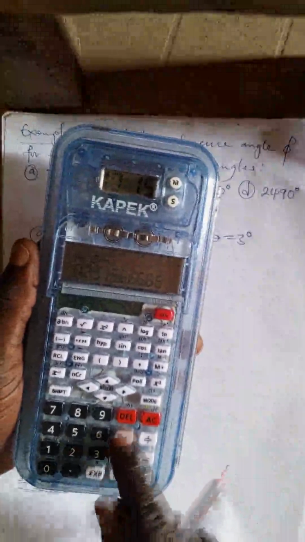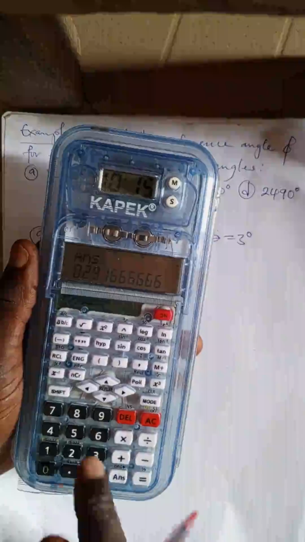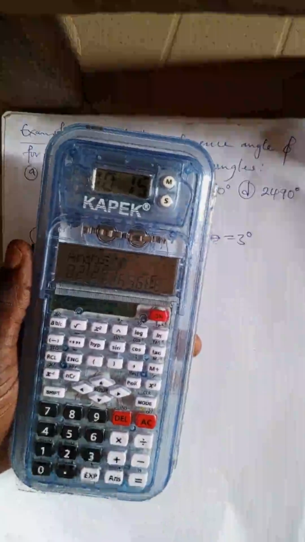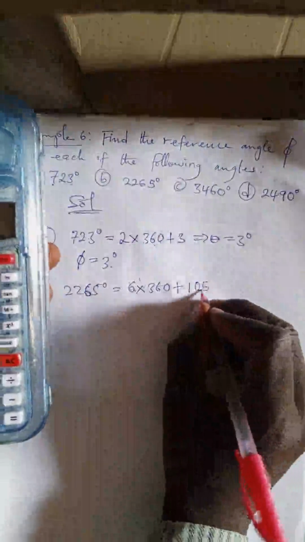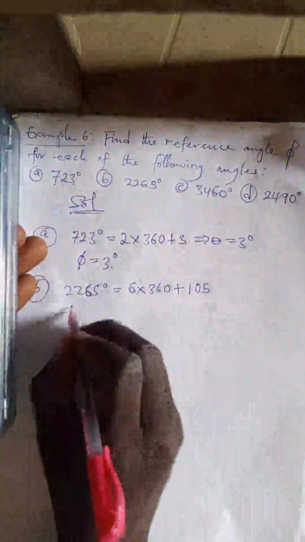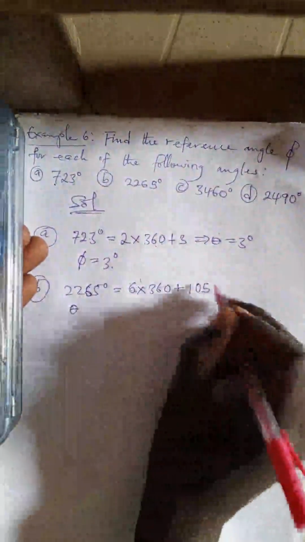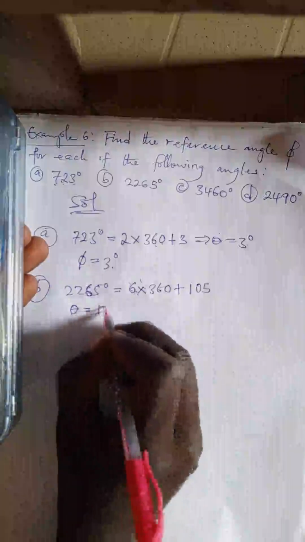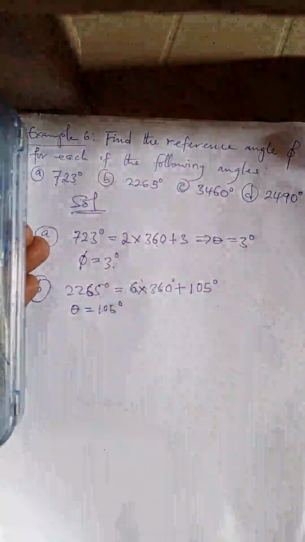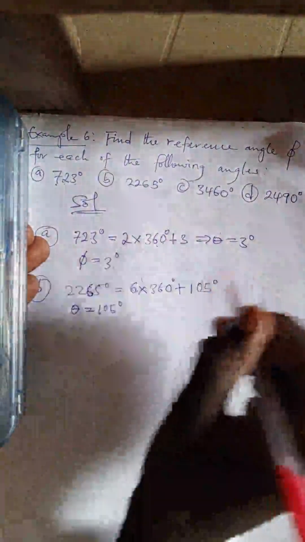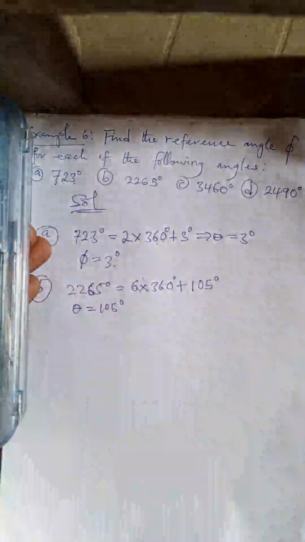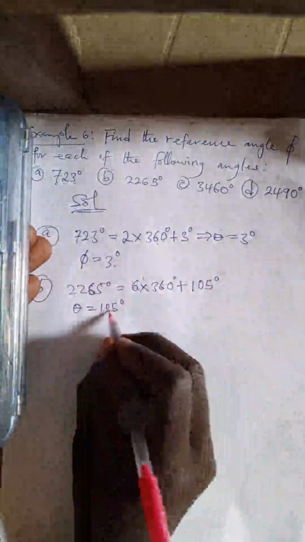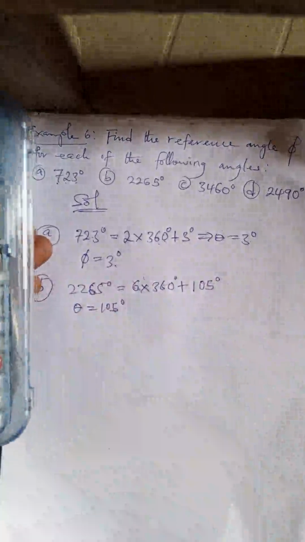Then the answer times 360 to get your remainder. So the remainder is 105 degrees. So it implies that theta, the remainder, is equals to 105 degrees. Because what we're calculating is in degrees, we need to carry degrees along.